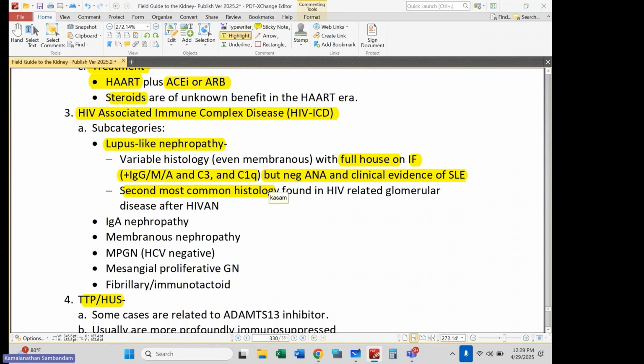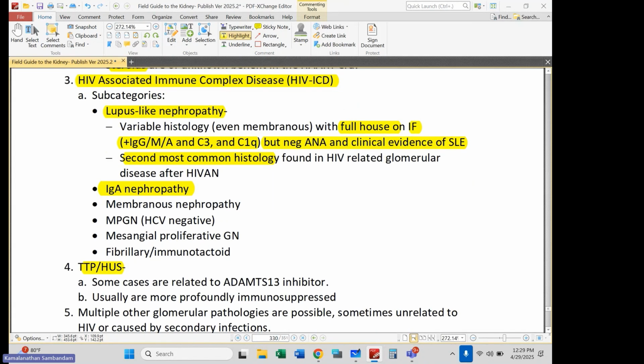Okay? You can certainly see other glomerular diseases, including IgA nephropathy, membranous, and that may be because of not only the autoimmunity, which we highlighted, that can occur with HIV infection, but also these mucosal infections that HIV patients commonly get, right?